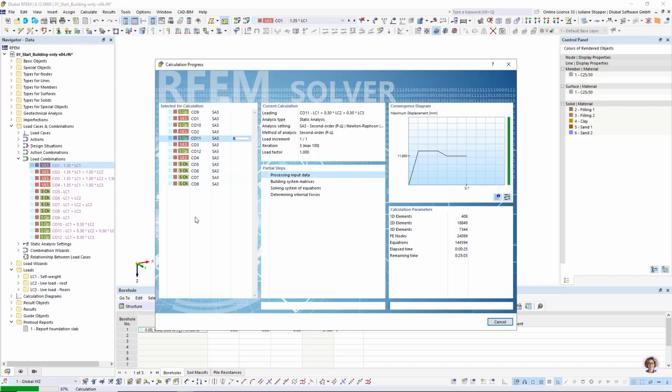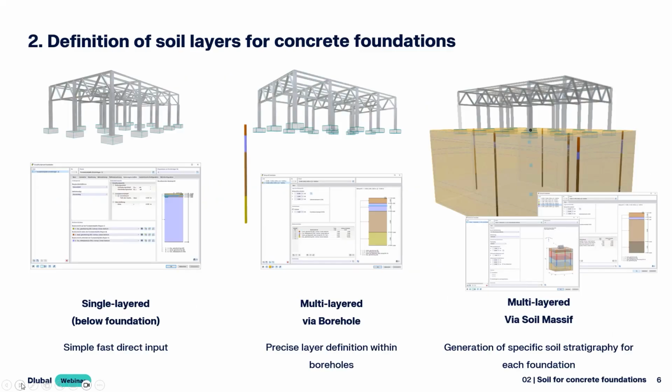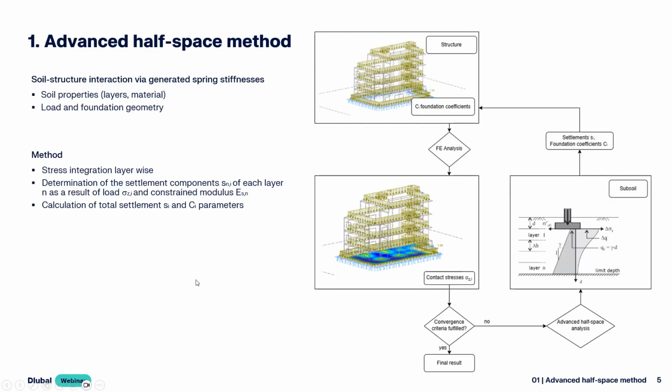Okay, while the calculation is running, I would like to show one more slide. So we go back here and click, and oops, this was too far. I just prepared the slide to summarize the procedure that is done now. The advanced half-space method is able to consider the soil structure interaction via these generated spring stiffnesses.